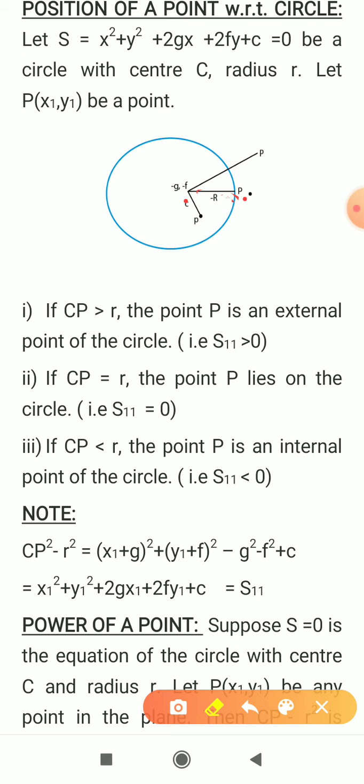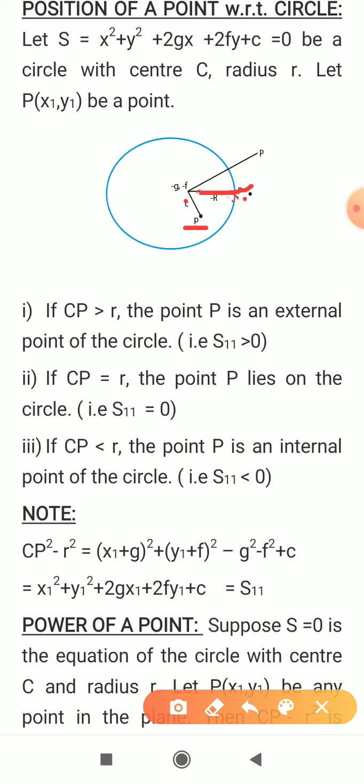In the third condition, if P is an internal point of the circle, observe this point. The distance from center to P, this CP, is less than the radius. So the point P is an internal point of the circle.